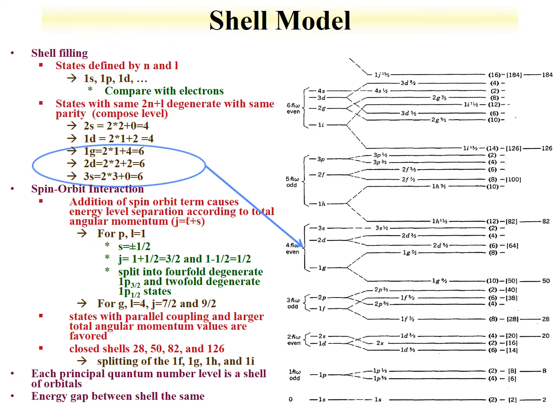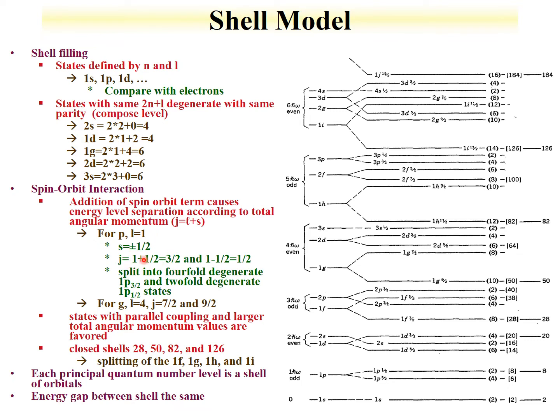We can see the same thing shown here, where we have the 1g, 2d, 3s, where all these equal 6, and those levels become degenerate. And then we have spin-orbit coupling interactions, where we can split the angular momentum, where j equals l plus s. As an example, we could take the p states, where l is equal to 1. The spin is either plus 1/2 or minus 1/2.